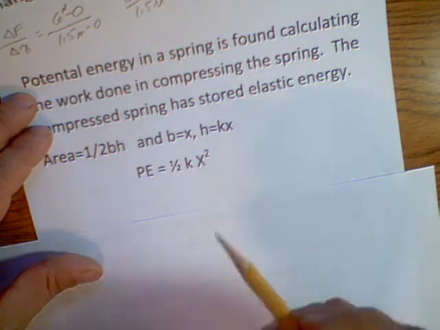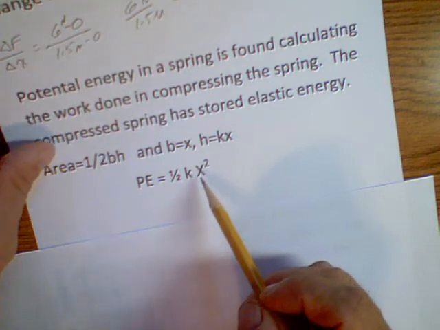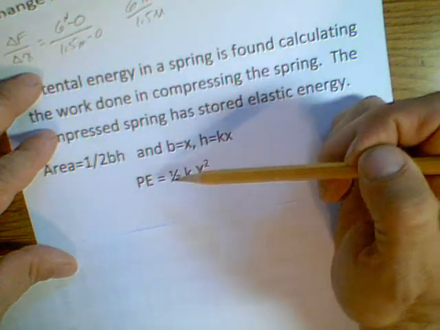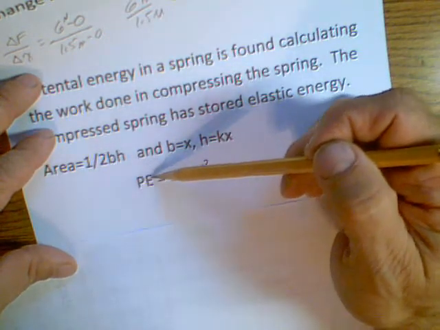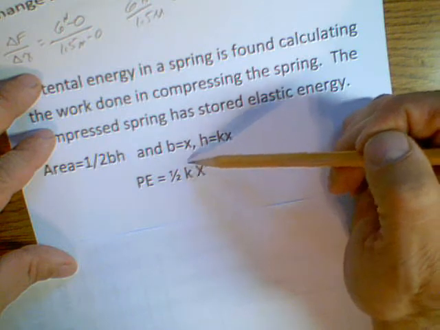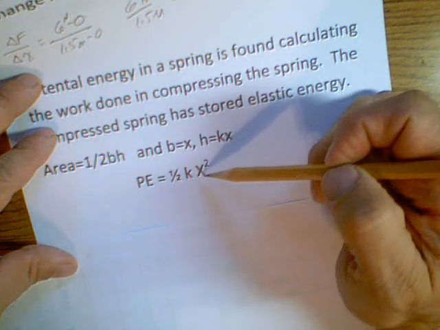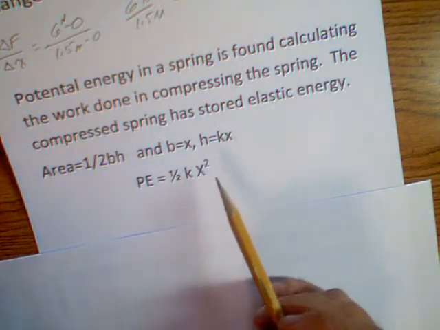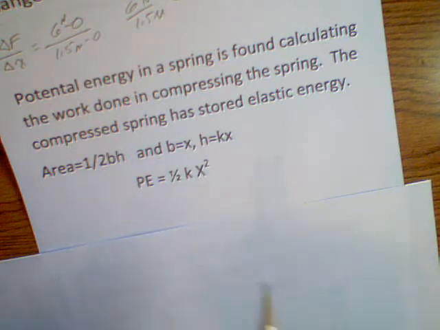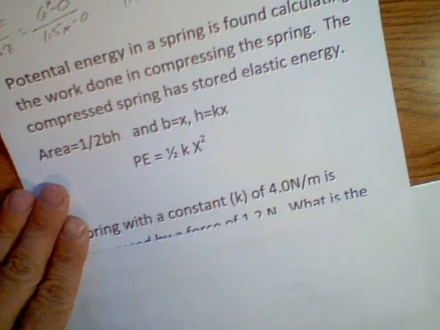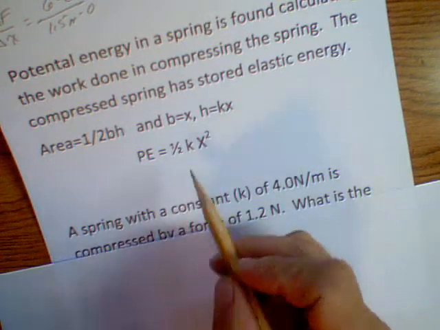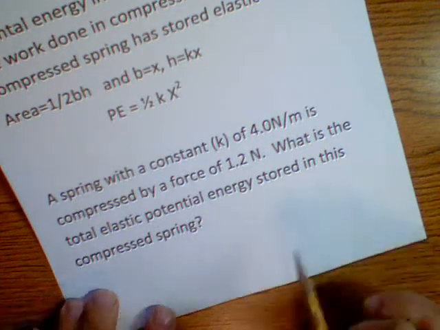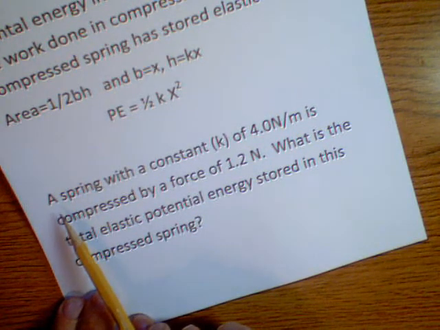If we combine the area of the triangle to find the work with Hooke's law, we come up with potential energy equals 1/2 k, the spring constant, times x squared, where x is the displacement. I was just trying to show you how I derived that, but this is the equation that we're going to use. Let's give it a go in this sample problem.